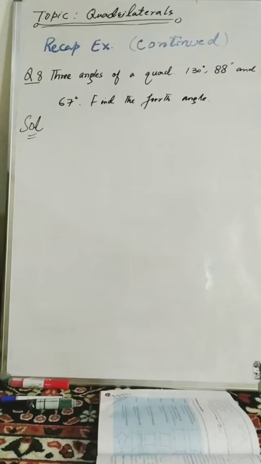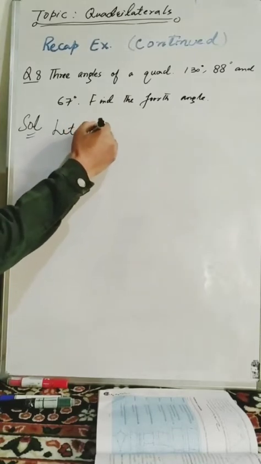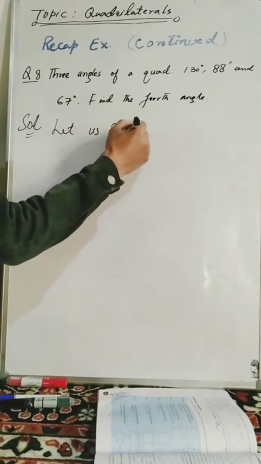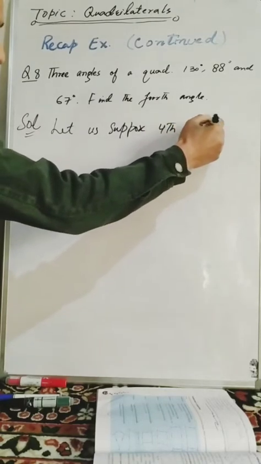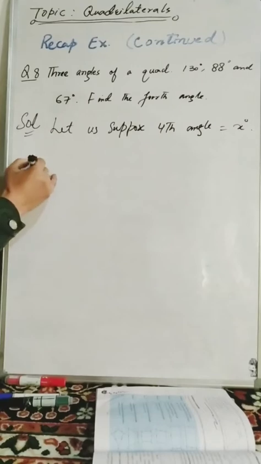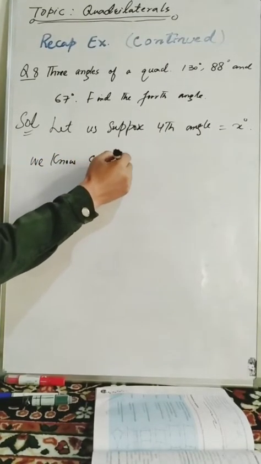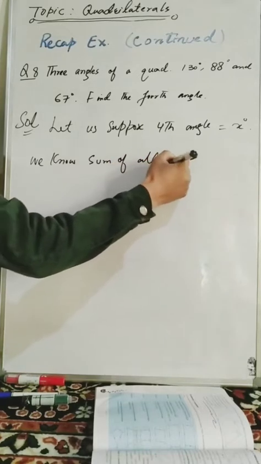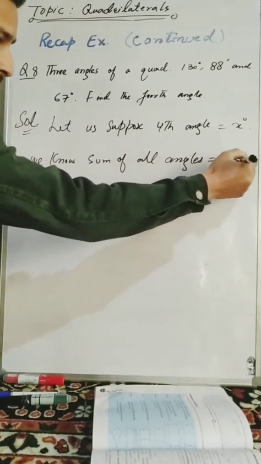We know the sum of four angles of a quadrilateral is 360 degree. So let us suppose the fourth angle equals x degree. And we know the sum of all angles equals 360 degree.